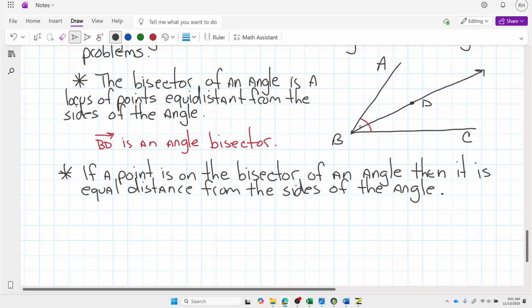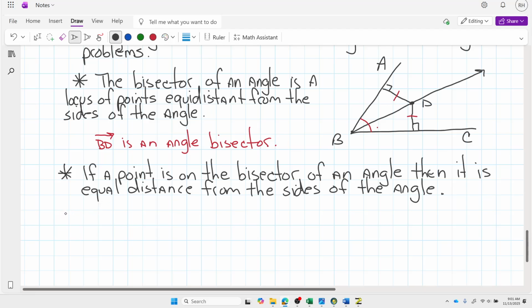What that means is that any point along BD is the same distance from the sides of this angle that it bisects. So this piece right here is congruent to this piece. If the angles created by BD are the same, then the distance from the side is the same. You okay with that?